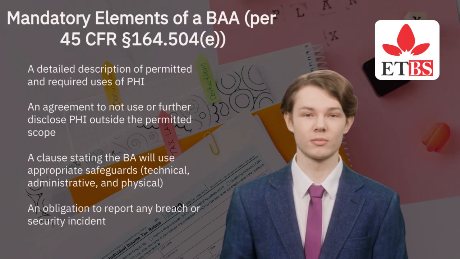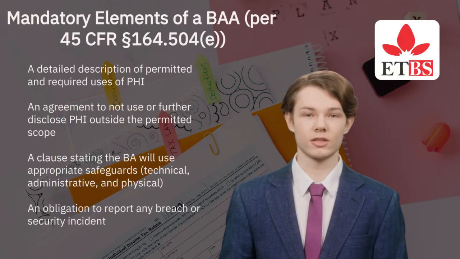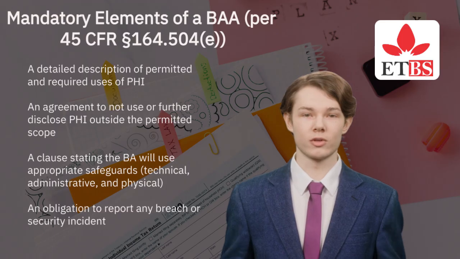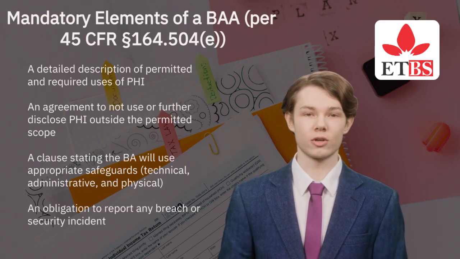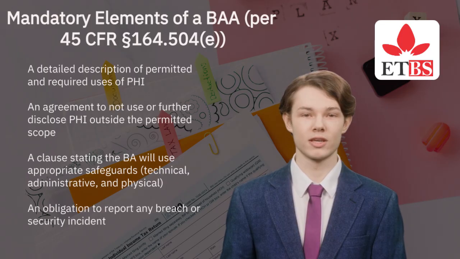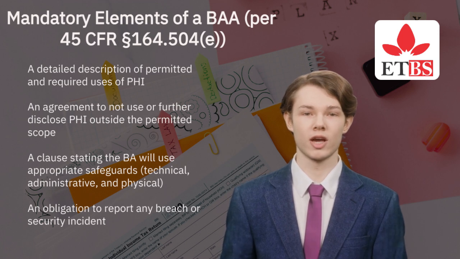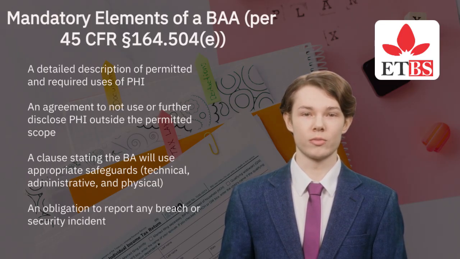A compliant BAA must include a detailed description of permitted and required uses of PHI, an agreement to not use or further disclose PHI outside the permitted scope, a clause stating the BA will use appropriate safeguards, technical, administrative, and physical, an obligation to report any breach or security incident, a requirement to ensure subcontractors also comply, a mechanism to terminate the agreement if a material breach occurs, and provisions for the return or destruction of PHI upon contract conclusion. Failure to include these can result in non-compliance penalties for both parties.